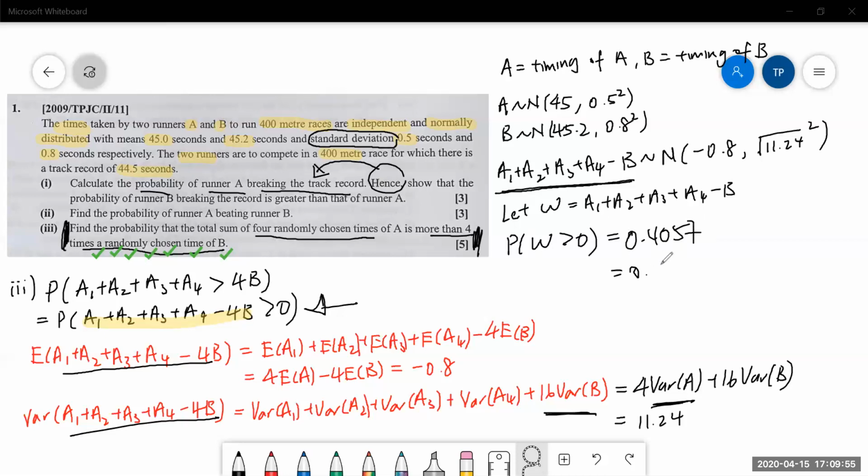So you get 0.406 to 3 significant figures. That should be the answer.